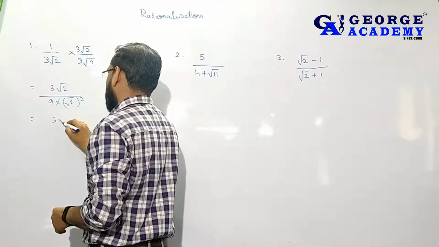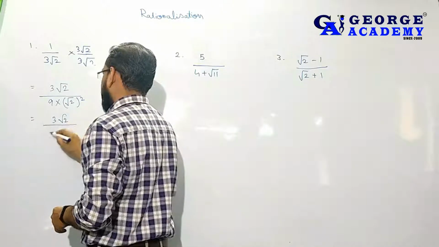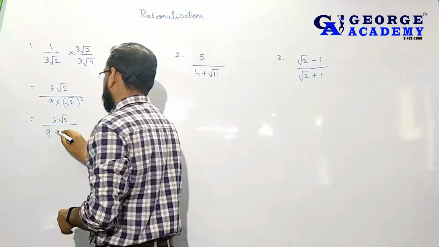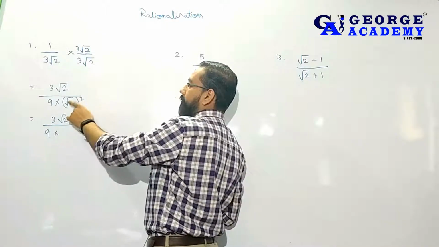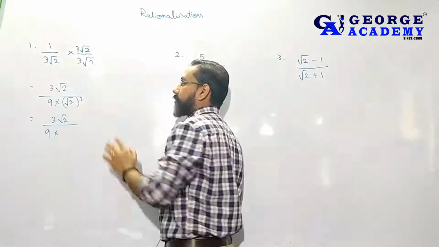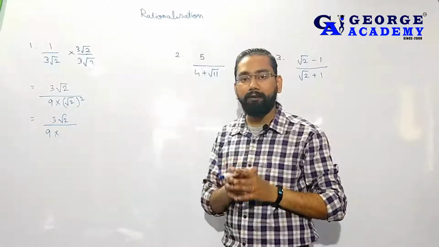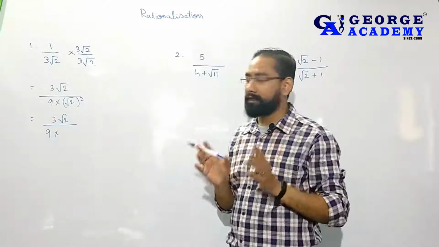That is equal to 3 root 2 by 9 into, when there is a root and a square, both the root and the square get cancelled and only the number remains.